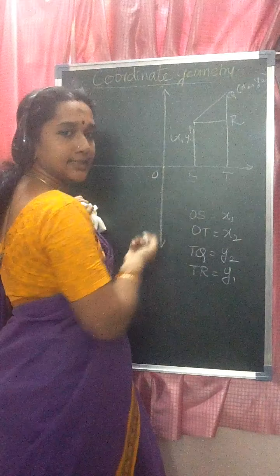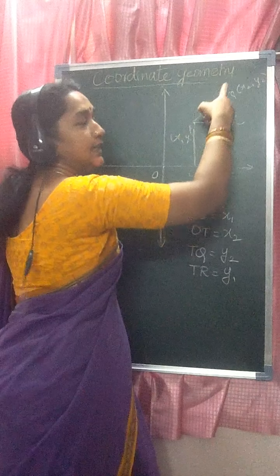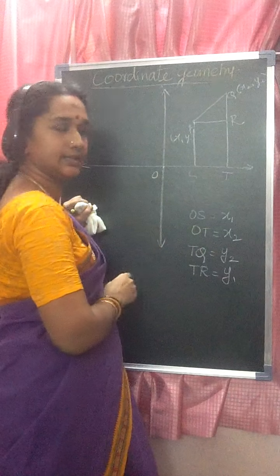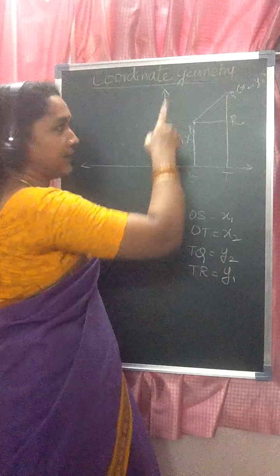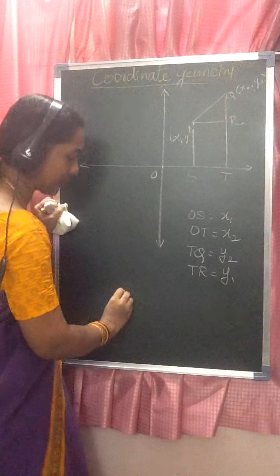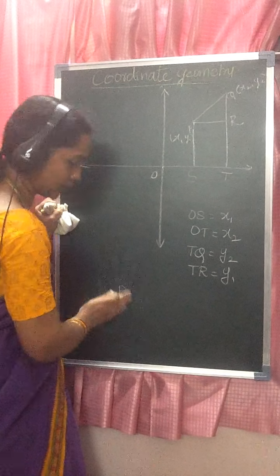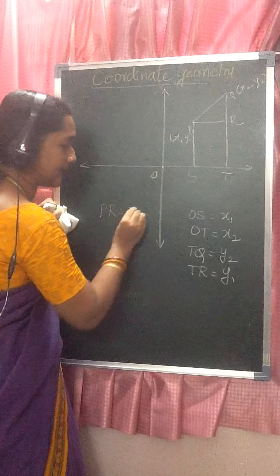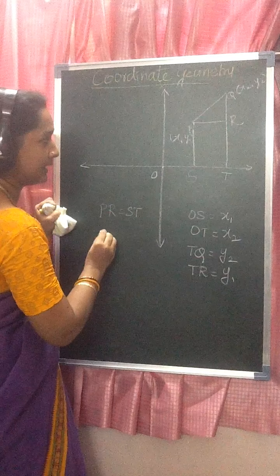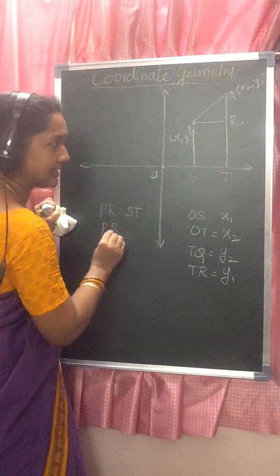Now, as I told you, PQR is a right angle triangle, and PQ is the hypotenuse of that triangle. So what is Pythagoras theorem? Remember that the length of PR is equal to ST and the length of PS is equal to RT.